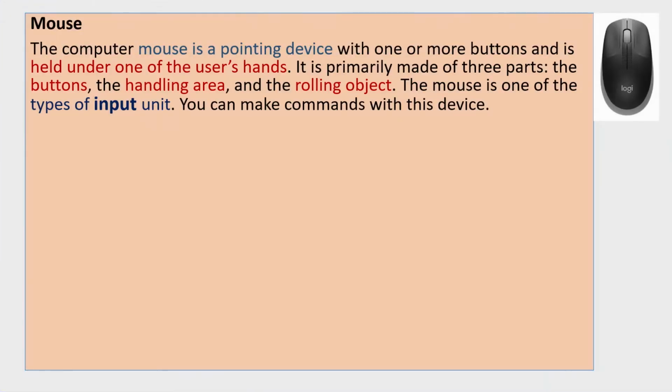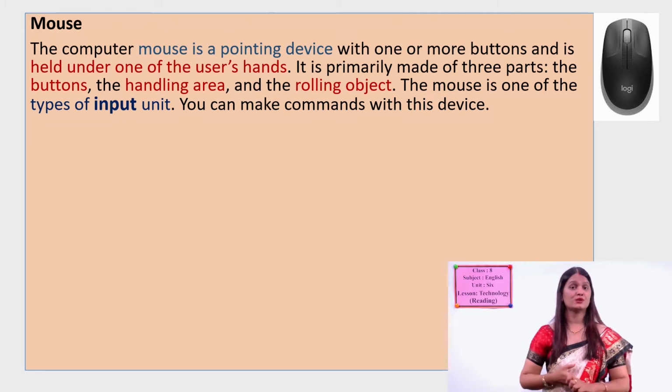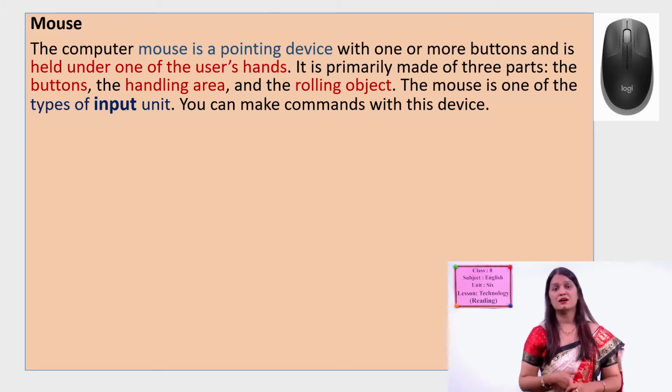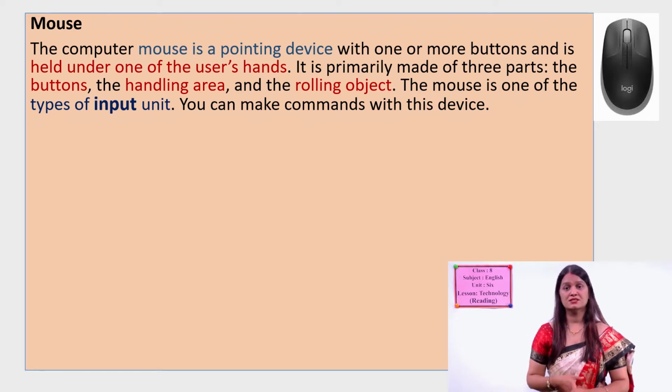It is primarily made of 3 parts: the buttons, the handling area, and the rolling object. The mouse is one of the types of input unit. You can make commands with this device. Okay, this is also used for input, right?